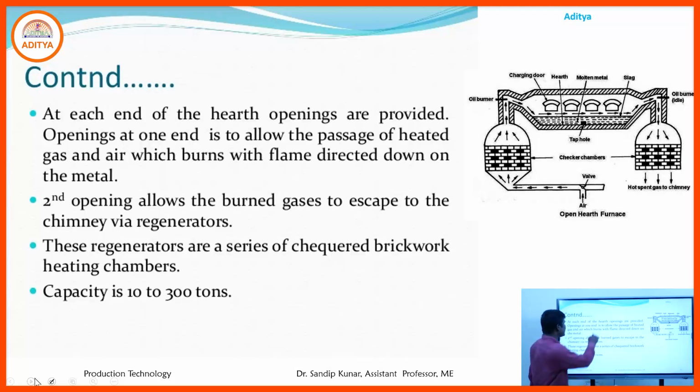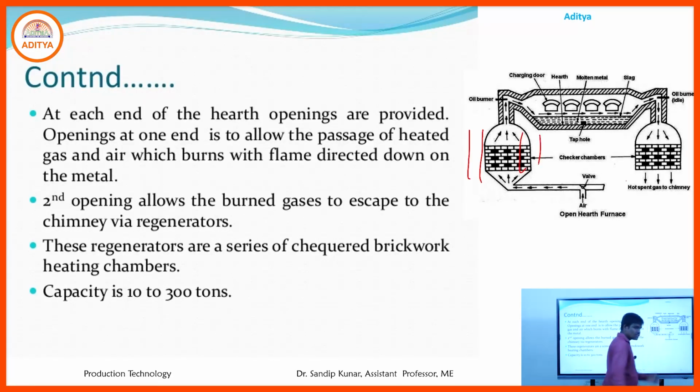At the end of the hearth, openings are provided. Openings at one end are the passage through which heated gas and air will be burnt with the flame directed down on the metal. Means two chambers are there in that furnace. Through one we send the preheated gas and air.